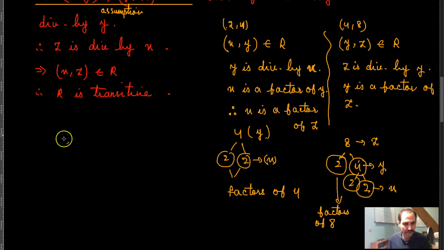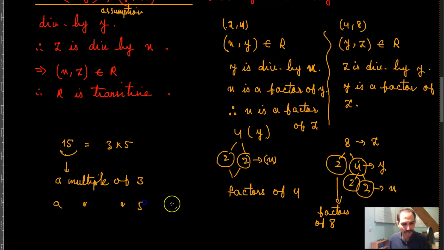What that means is that basically, suppose that I have, for example, 15. 15 is the same thing as 3 times 5. So I can call 15 a multiple of 3, or I can call it a multiple of 5, meaning that 15 has 3 or 5 as its factors, meaning that I can write 15 is the same thing as 3 times 5.